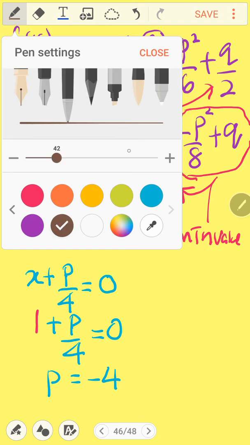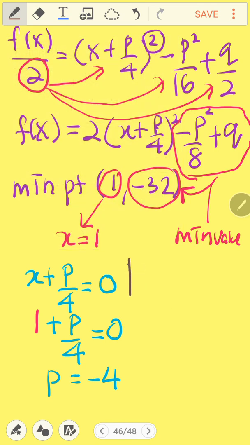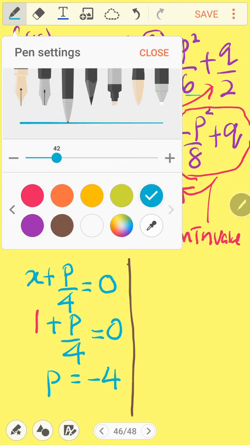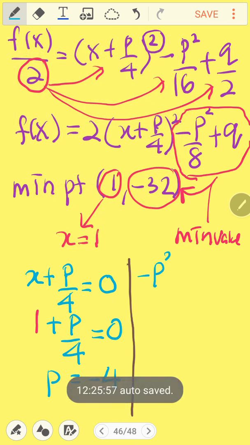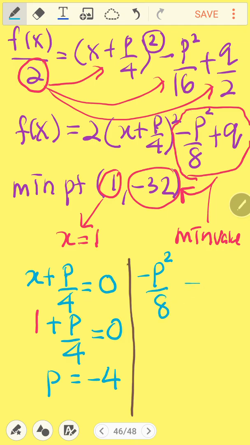Okay, now the next equation that we have: just now I did tell you that negative p squared over 8 plus q should be negative 32, isn't it? So be careful here. As always, a careless mistake will pop up if you are not being careful.